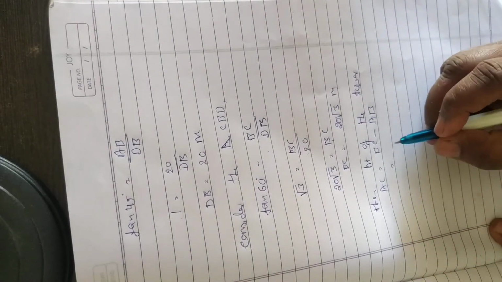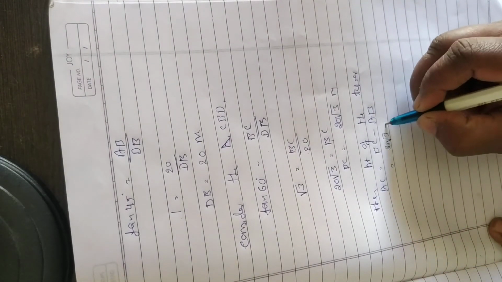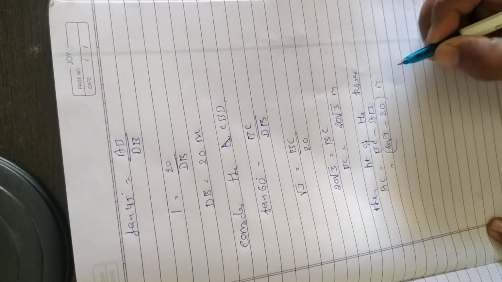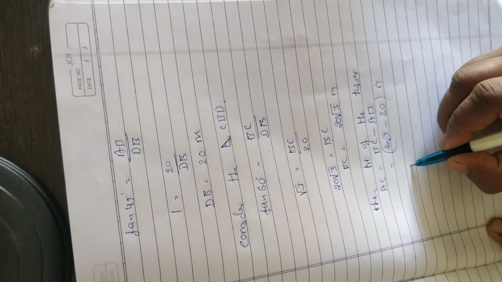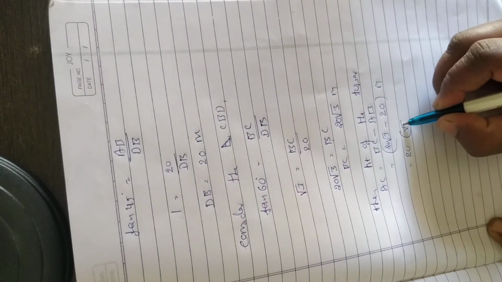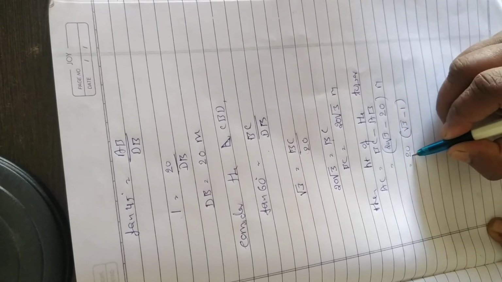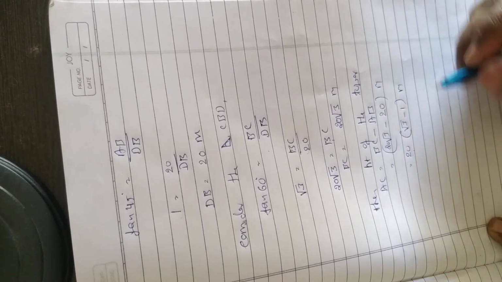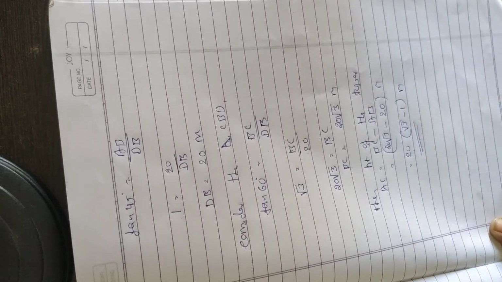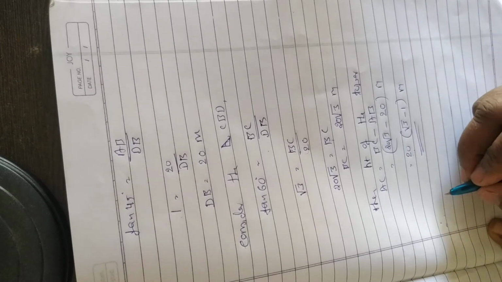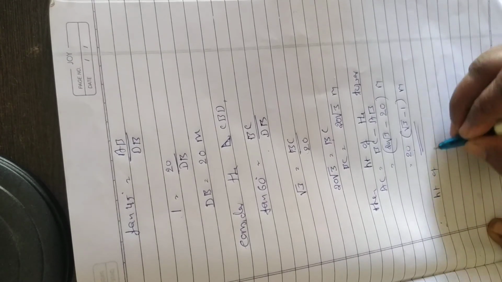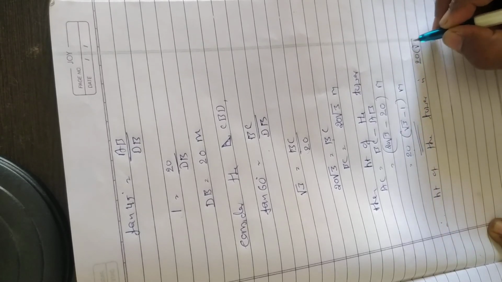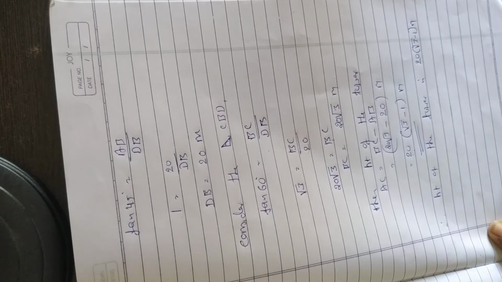BC is 20 root 3 minus AB is 20 meters. So here 20 is common. Then root 3 minus 1. 20 into root 3 is 20 root 3, 20 into 1 is 20. So this is the height of the tower. Finally, the conclusion will be: therefore, the height of the tower is 20 into root 3 minus 1 meters.